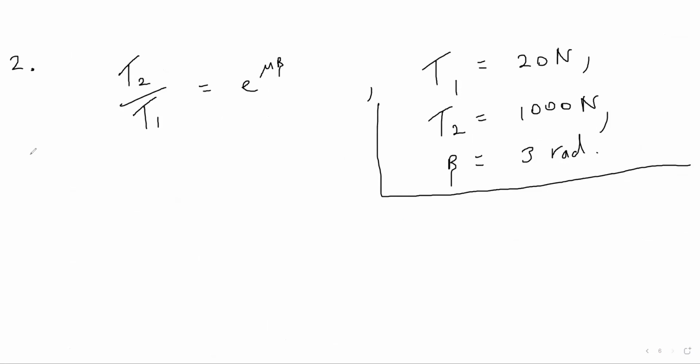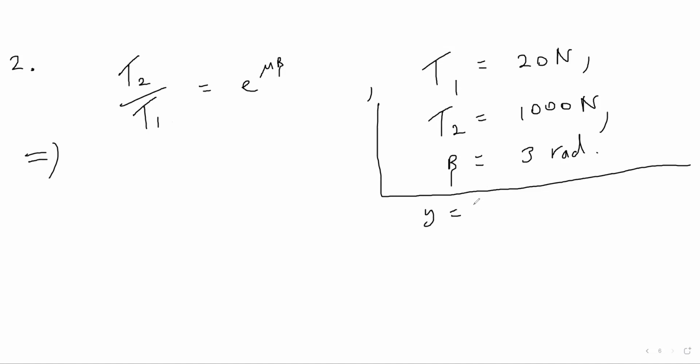We say this implies that in this case, the mu beta acts as y, and the T2 over T1 acts as X. Let me write this thing down here again.